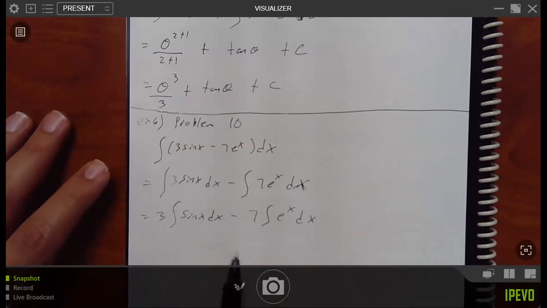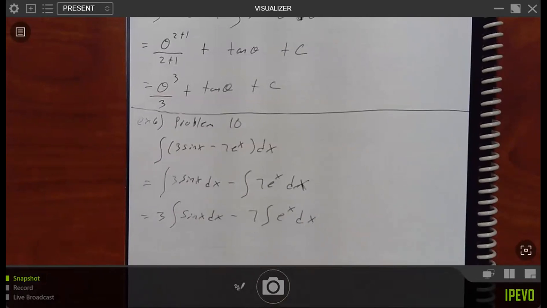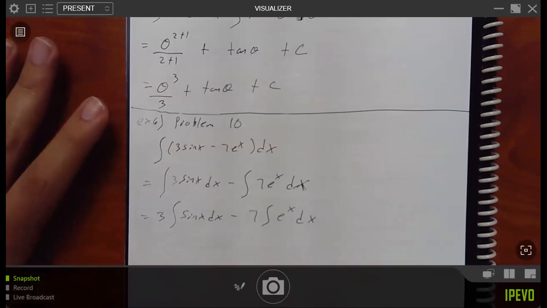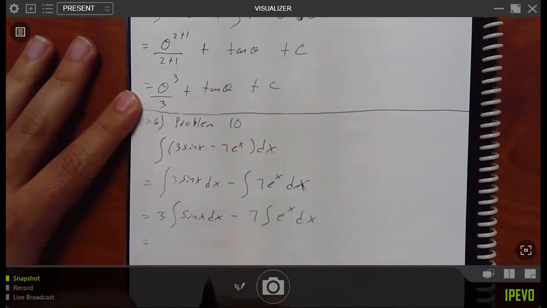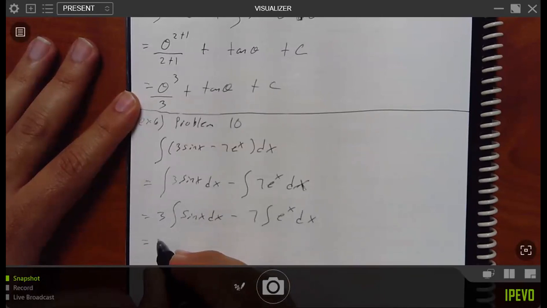And then use your formulas. What is the antiderivative of sine? Isn't it cosine? I believe so. But is it positive or negative? It's positive, because the derivative of sine is cosine. Oh, my bad. It's negative cosine. Yeah, negative, because the derivative of negative cosine is positive sine.